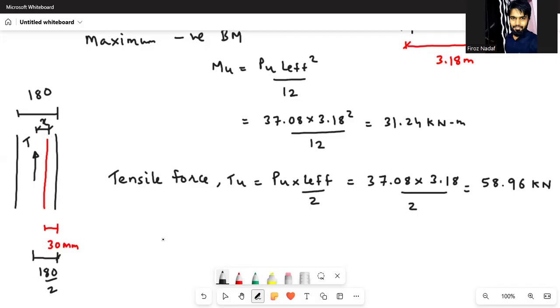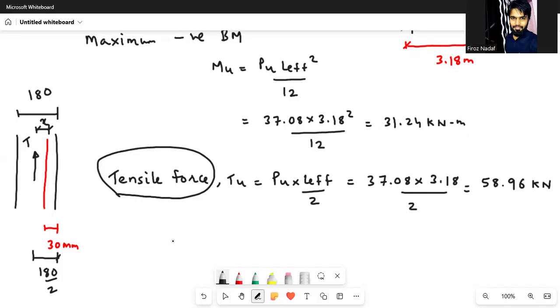Okay, so the point is that the tensile force will also create bending moment, and that bending moment will be opposite to whatever bending moment we are calculating. So we need to calculate the bending moment with respect to the tensile force, and the bending moment with respect to the tensile force is opposite to the normal bending moment.